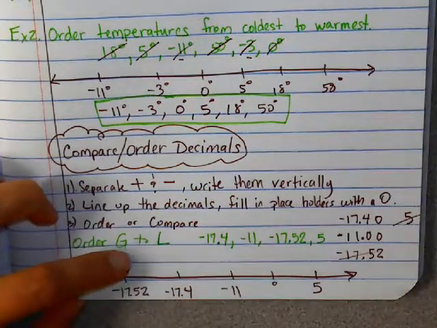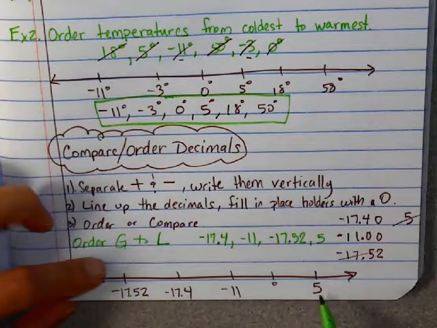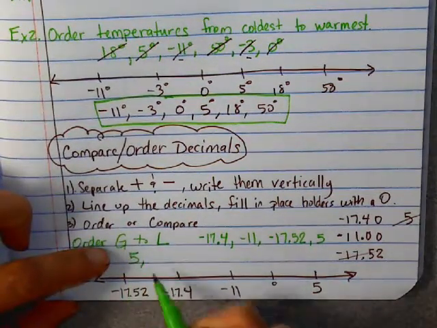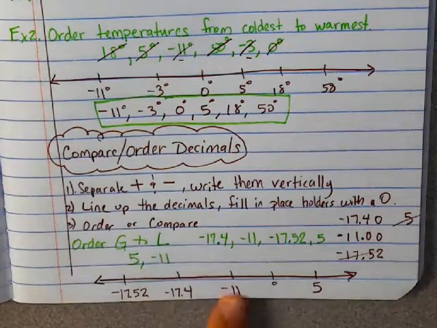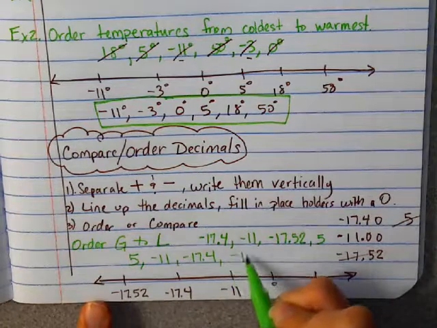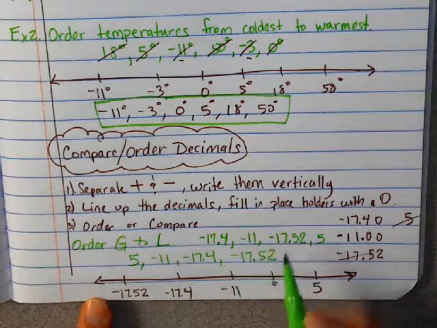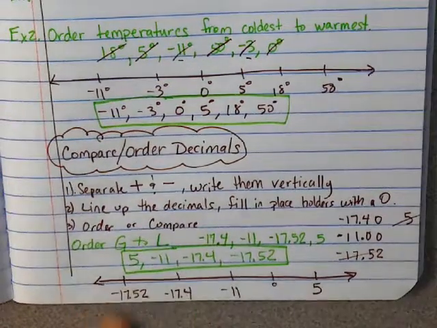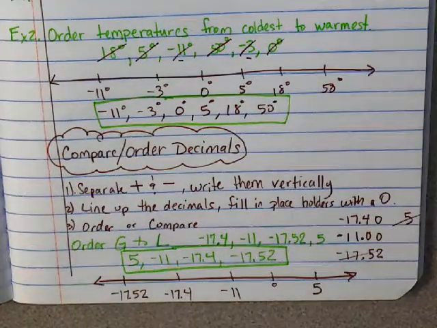So I'm going to list them here. So greatest to least, so my greatest number is 5, negative 11, negative 17 and 4/10, and then negative 17 and 52 hundredths. There's my answer. Just list those in order from greatest to least, right?